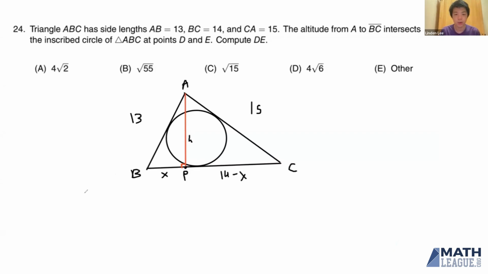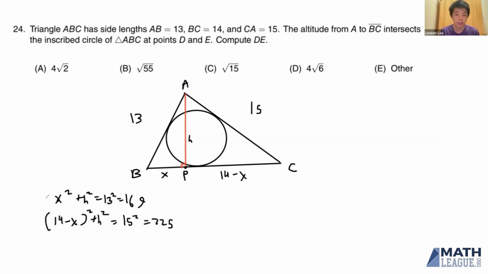The Pythagorean theorem gives us two equations: x squared plus h squared equals 13 squared, which is 169, and 14 minus x squared plus h squared is equal to 15 squared, which is 225.